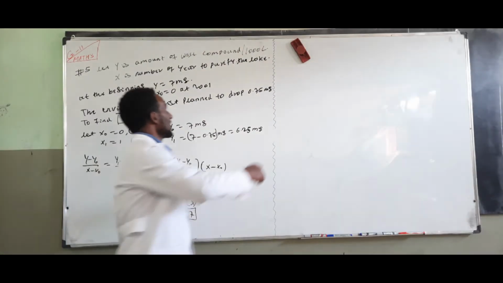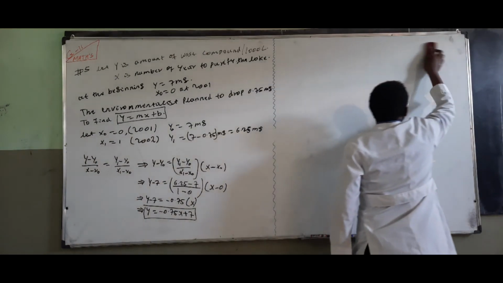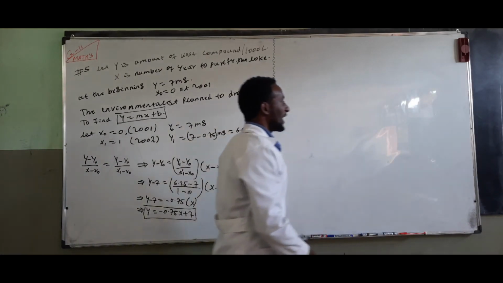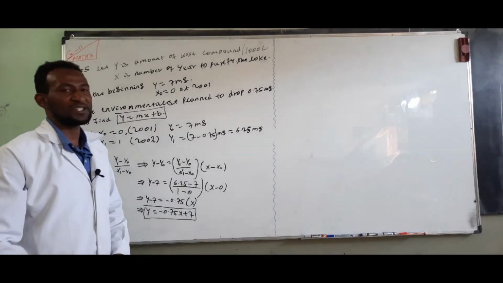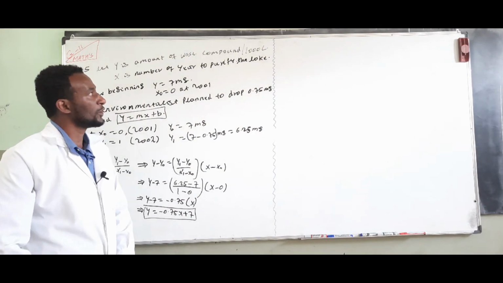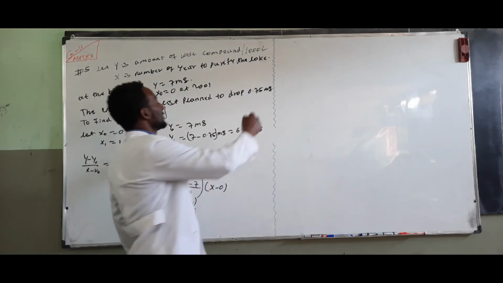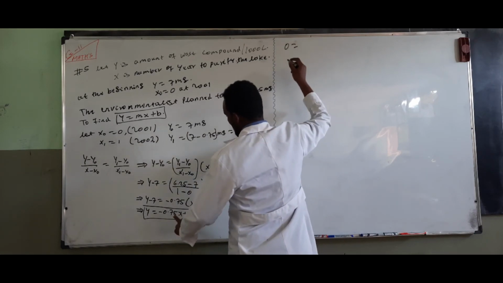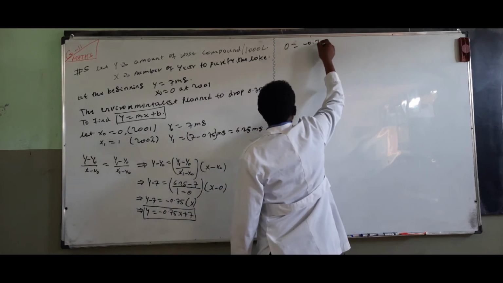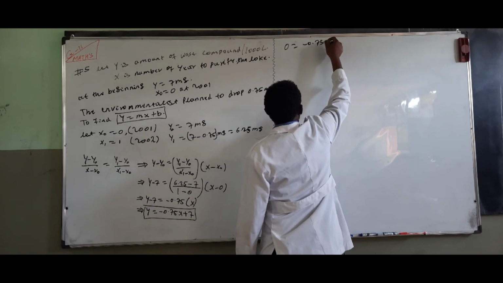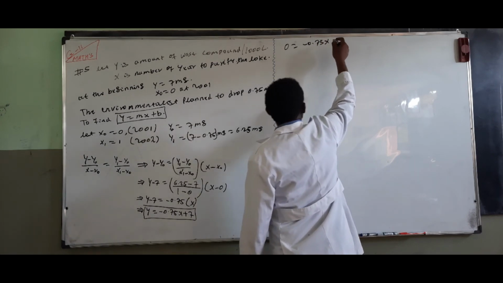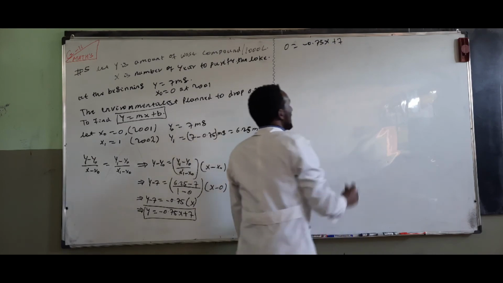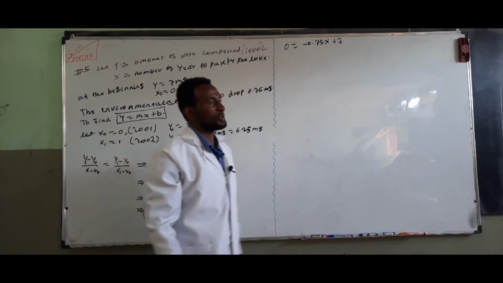So we calculate by making y equal to 0: 0 is equal to negative 0.75x plus 7. Then x means the number of years.